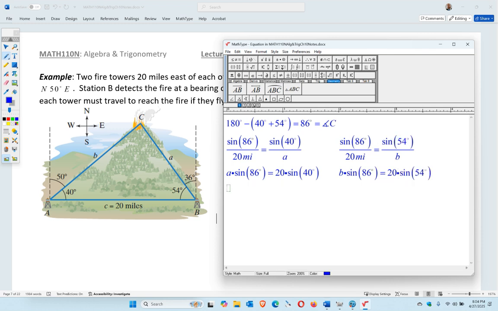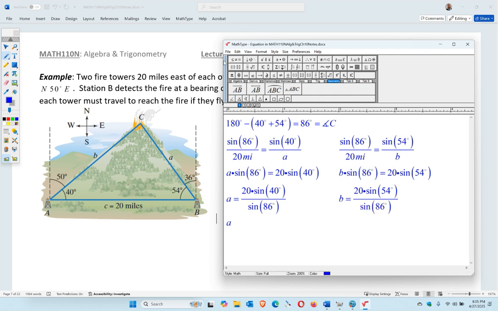Okay, so we're going to divide. So A equals the ratio 20 sine 40 divided by the sine of 86, and B is going to be the ratio of 20 sine 54 over sine 86.